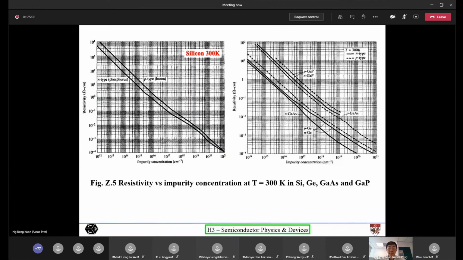So you measure the resistivity, then from the calibration graph, you can determine the corresponding doping concentration of the carriers. In fact, in the lab 2 experiment, this is also what you're going to do. After you calculate the resistivity, you can work out the concentration of the impurity carriers in the semiconductor, the doping, using the calibration graphs.